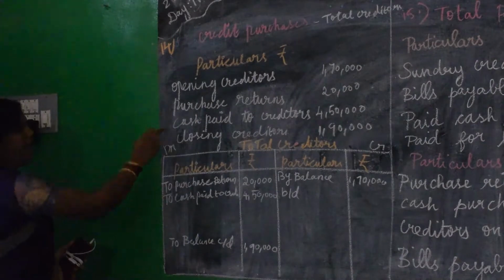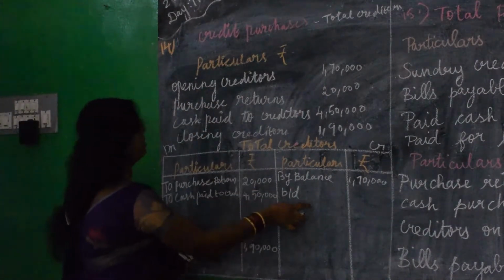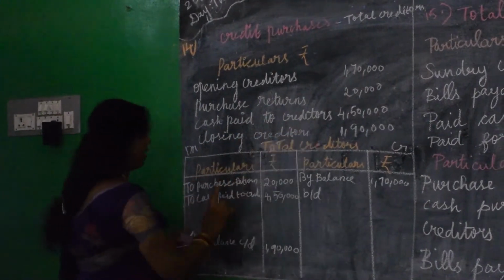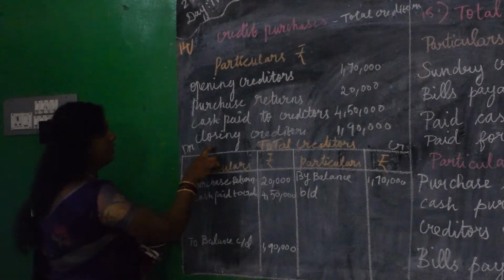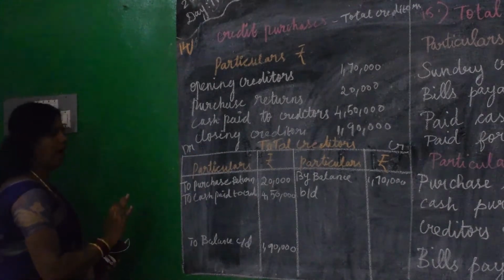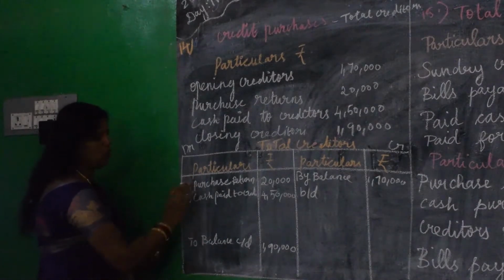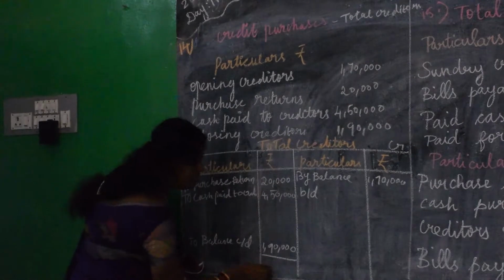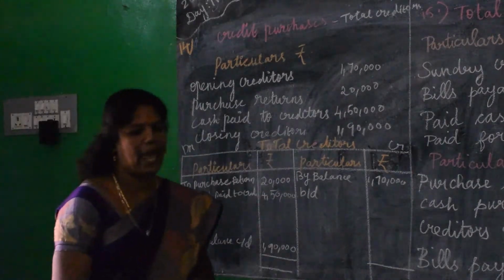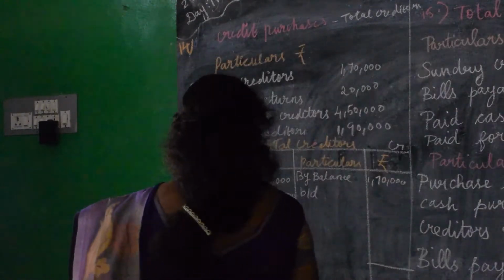Yes, everything we have written in the boxes. Opening creditors, I have written on the debit side. Purchase return, I have written on the credit side. Cash paid to the creditors, I have written on the debit side. Closing creditors, I have written on the debit side. Total both the sides and you will get the answer 6,60,000.